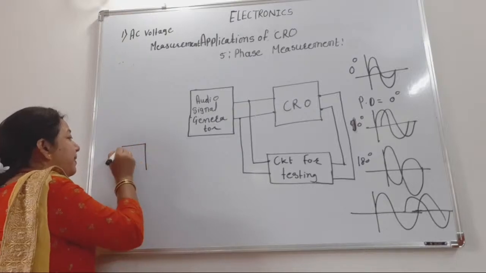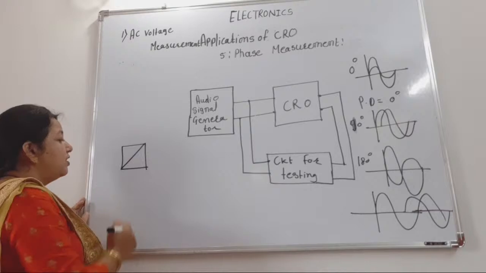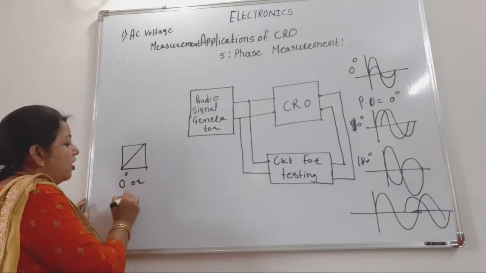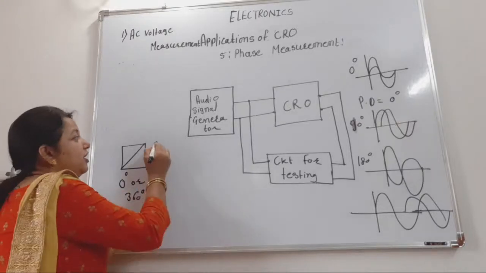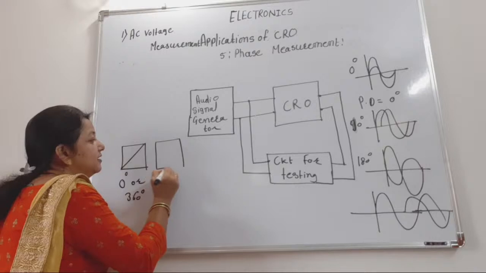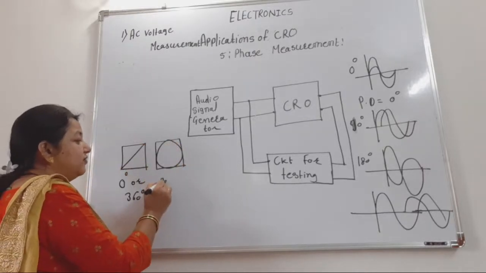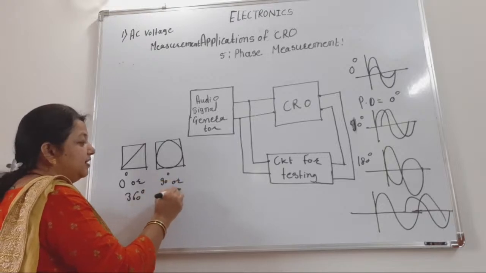Suppose we see the pattern on a screen of CRO like this. At that time phase difference is 0 degree or 360 degree. Okay, if we get a circle on a screen of CRO, at that time phase difference is 90 degree or 270 degree.